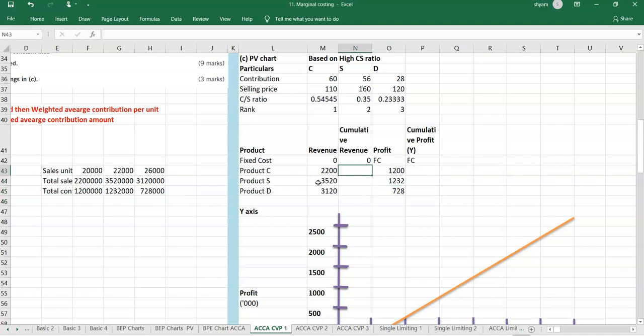So let's get the cumulative of it. The cumulative is the previous number plus this one. So cumulative and the total sales will be the same.